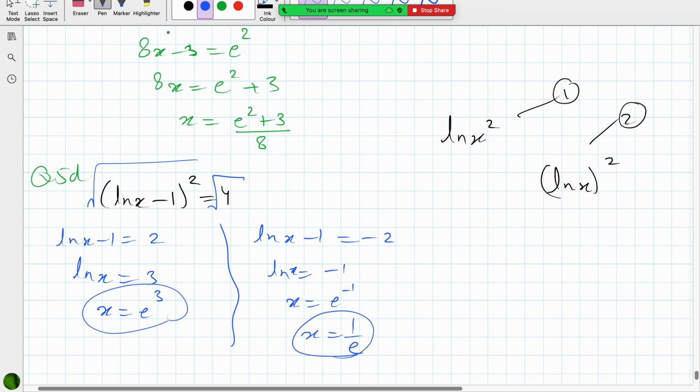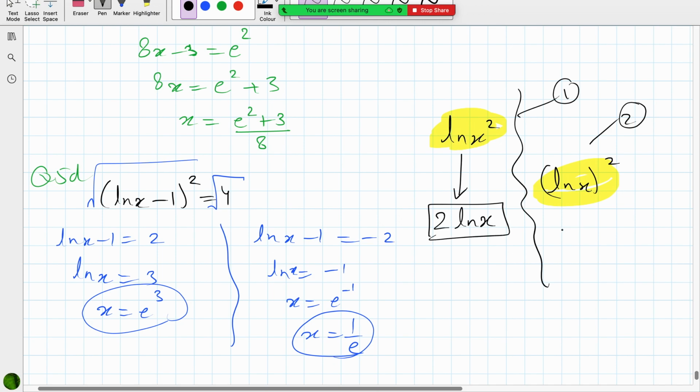Why are these two not the same? Ln x squared and (ln x) whole squared. Because in case of ln x squared, we can write 2 ln x. And in the other case, it stays as it is. This 2 cannot come down. This stays there.